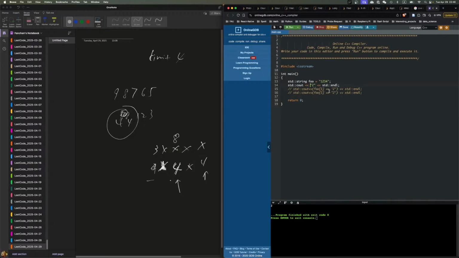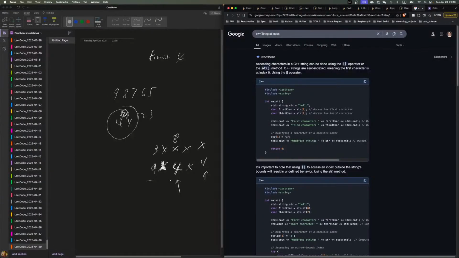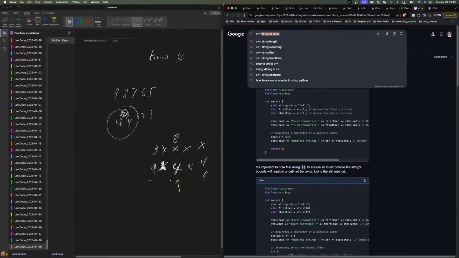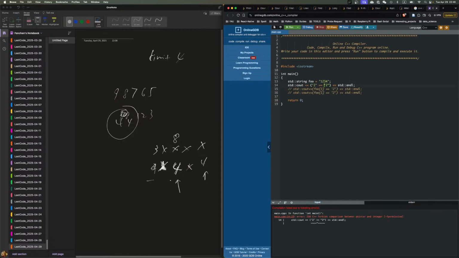Alright, I am very confused now. Marvelously confused. So one of them is pointer. Oh. Okay, character equal. Oh, this is a pointer.